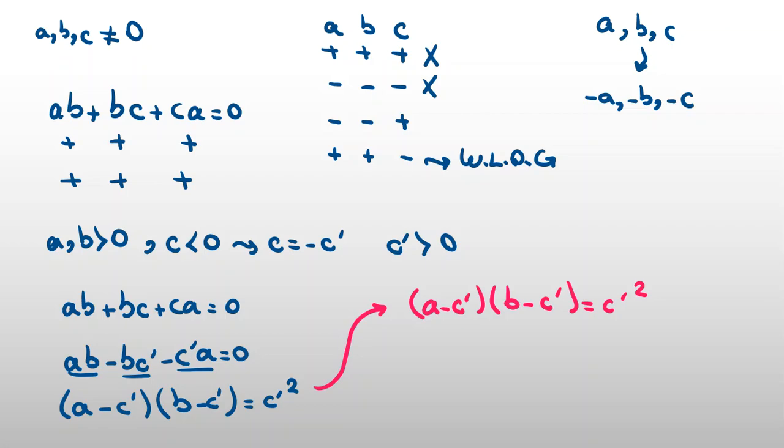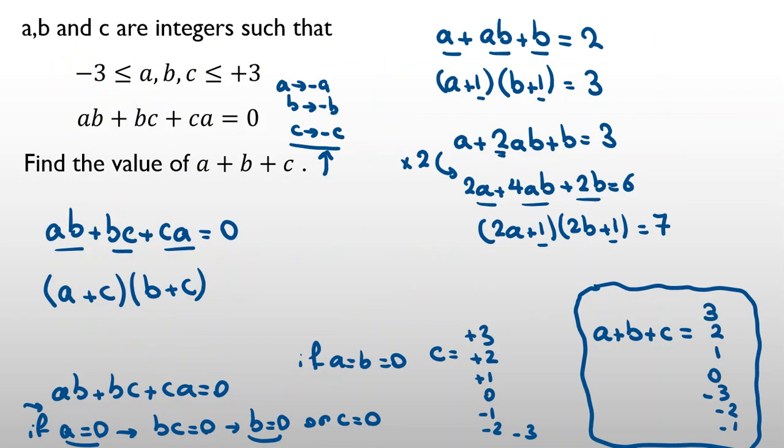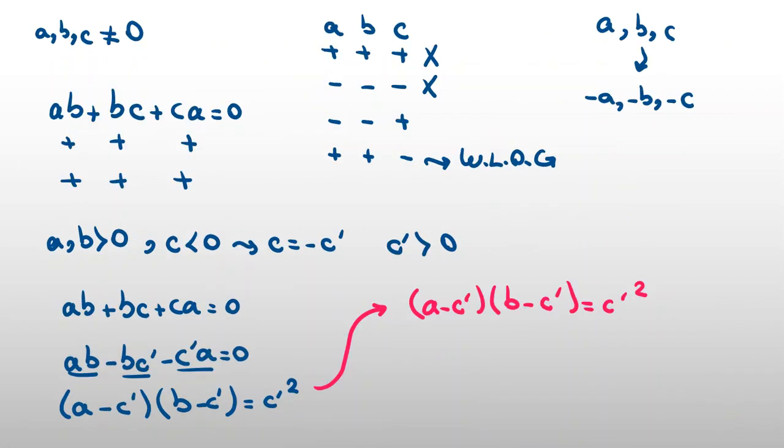C is a negative number, C prime is positive, and because of the condition, C can be only negative 1, negative 2, negative 3. So C prime can only be 1, 2, 3.